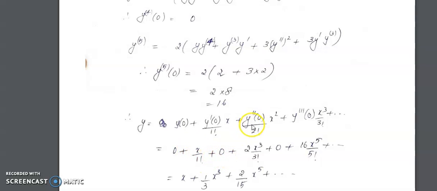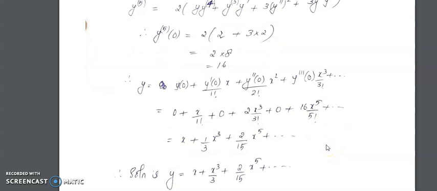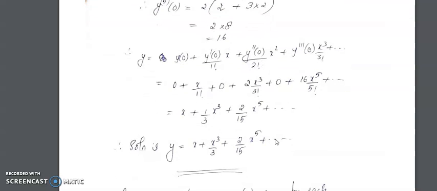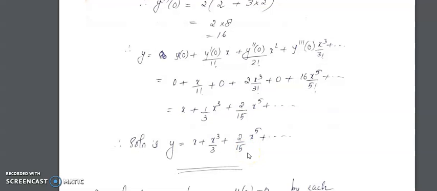Then the second derivative is 0. The third derivative is 2, so 2 by 3 factorial x cube. The fourth derivative is 0. Then the fifth derivative is 16, so 16 x raised to 5 by 5 factorial plus etc. So upon simplifying, you will get y equal to x plus x cube by 3 plus 2 by 15 x raised to 5 plus etc. So therefore, since y equal to tan x, this will be the solution.